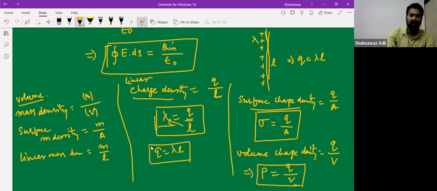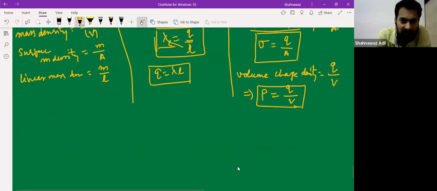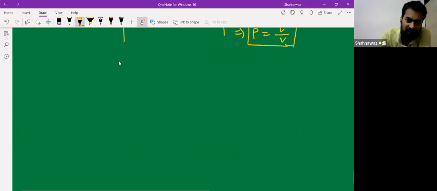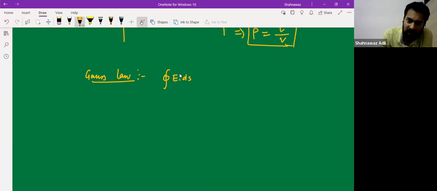Now we will use Gauss law to calculate the electric field for the linear charge density. Gauss law says that the integral of E dot ds is Q enclosed by epsilon.